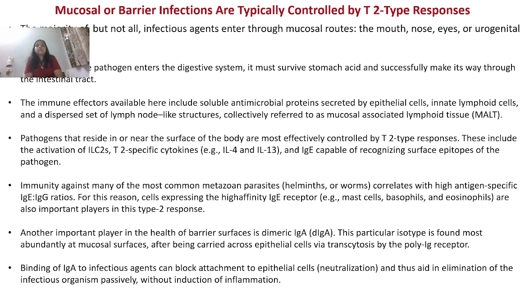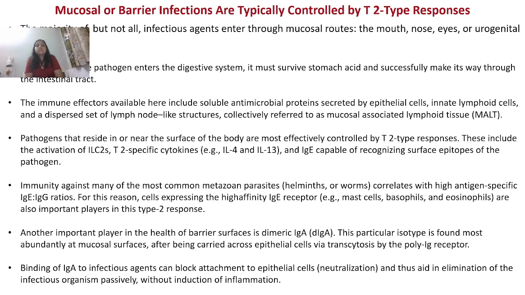These are the different lymphoid tissues present in different locations. For example, on a mucosal surface, the lymphoid tissue present is known as mucosal-associated lymphoid tissue. These tissues secrete a large number of antimicrobial proteins, and they will protect us from the different kinds of pathogens.